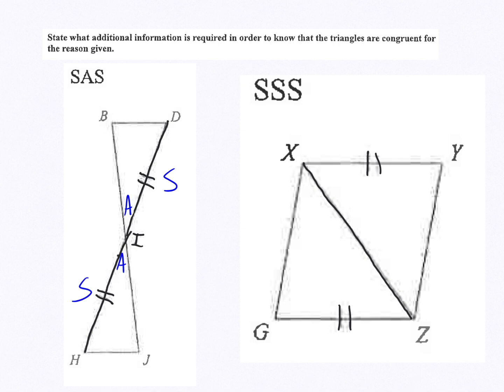Let's try it. So if I do BD and put a side there, does that make it side angle side? No. So we'll cross it out. So which one's it going to be? So BI is it. So it's BI. Right. What's the other one?